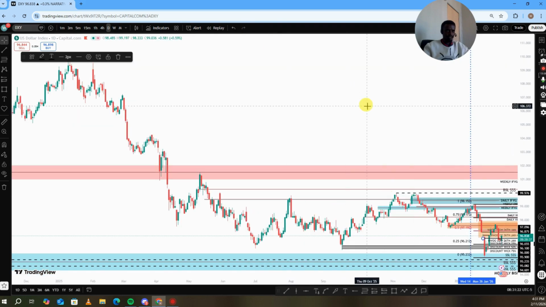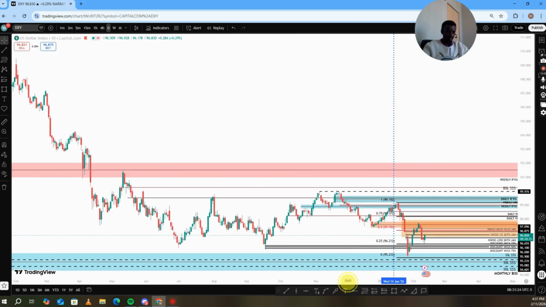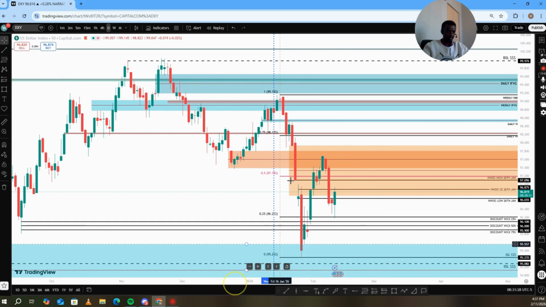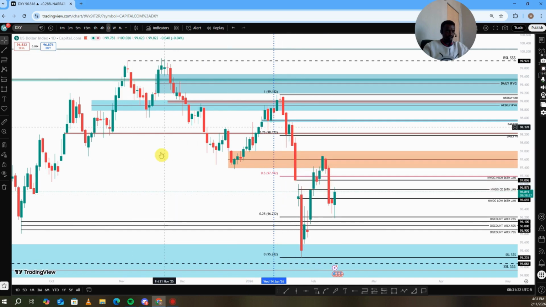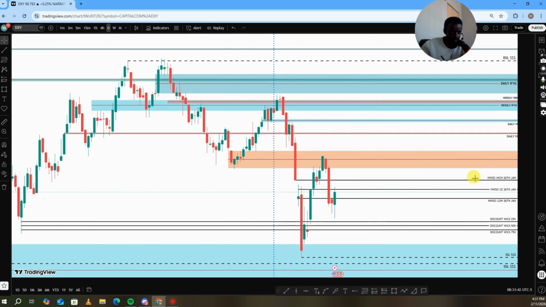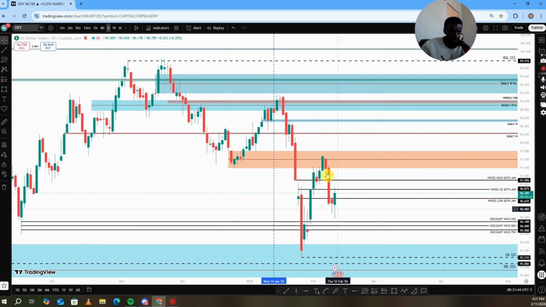And with that in mind, I'm looking to see whether, let me now take this off for more clarity, and this one as well. So now we are looking at a situation whereby I want to see whether there's this new week opening up here that happens to be in confluence with another bearish fair value gap here.